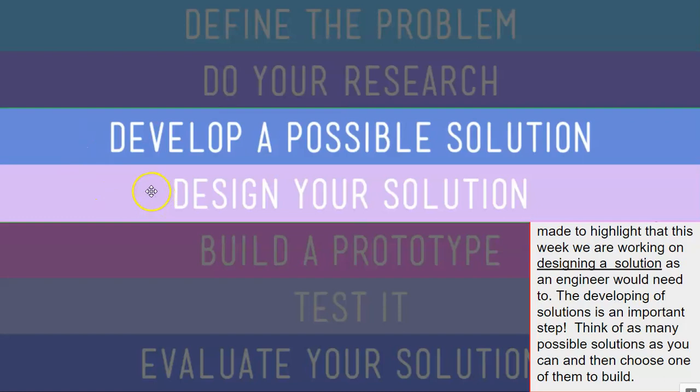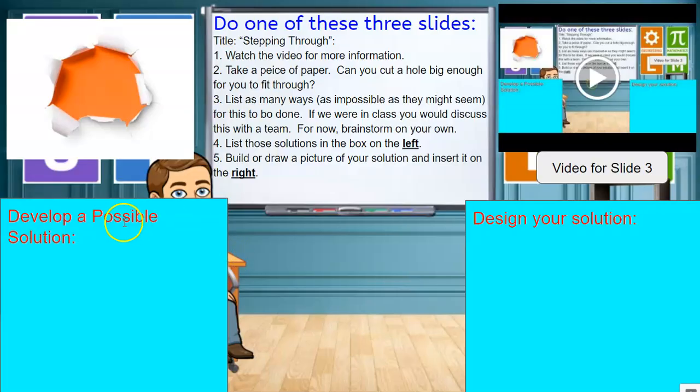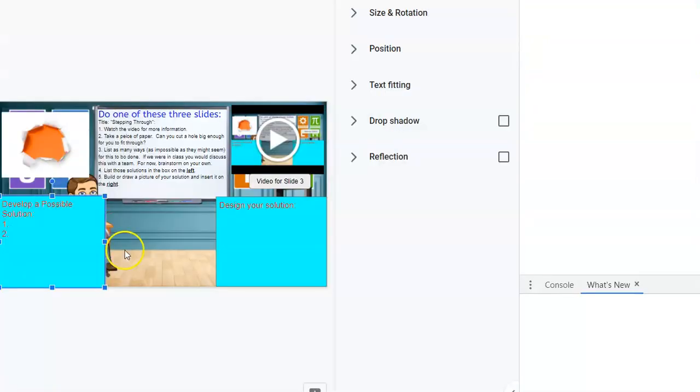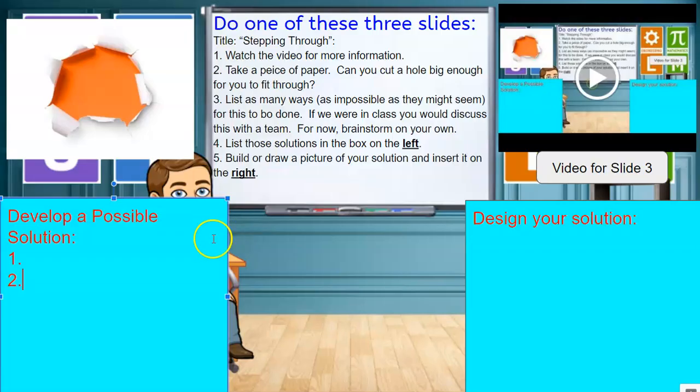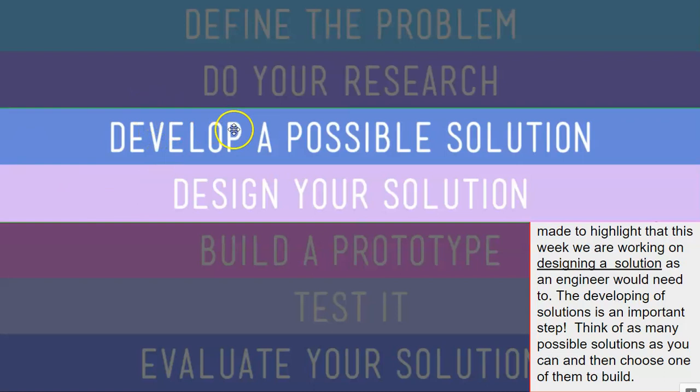out. So in all of the work this week, you'll notice you list them out on the left. You're going to go 1, 2, 3, and then you're going to list out possible solutions. That's developing a possible solution. Then you want to design your solution, okay?